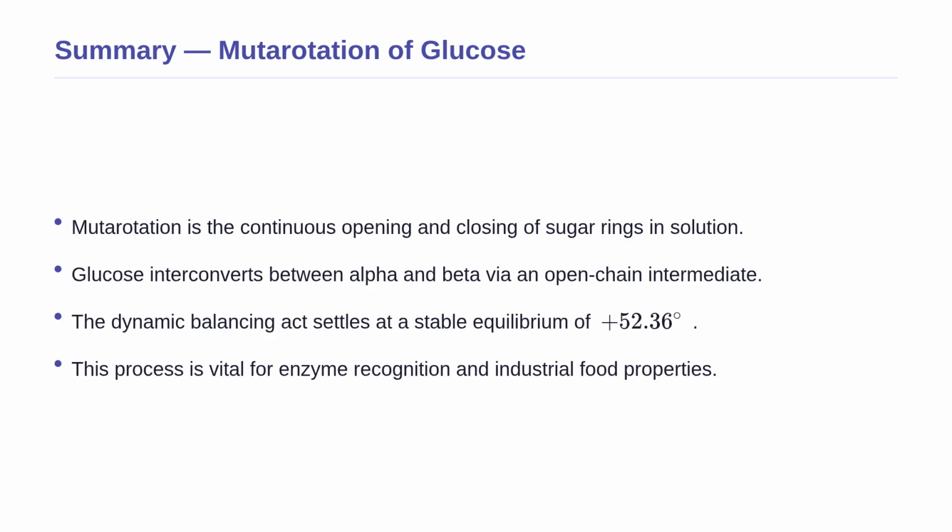Second, for glucose, this means the alpha and beta anomers continuously interconvert through a highly unstable open chain intermediate. Third, this dynamic balancing act is physically observed as a gradual change in optical rotation, ultimately settling at a constant equilibrium value of positive 52.36 degrees.